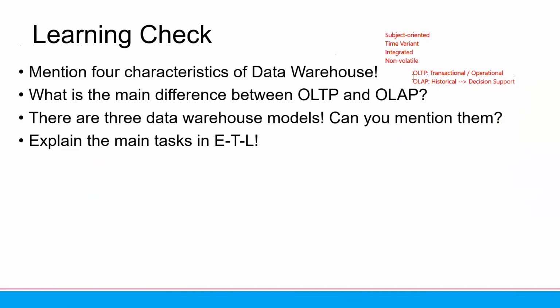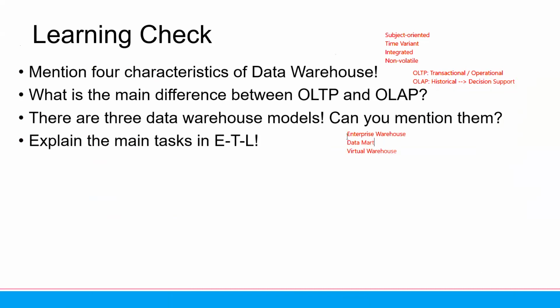So there are 3 kinds of data warehouse models. Can you mention them? We have the enterprise warehouse, and then we have the data mart, and we have the virtual warehouse.